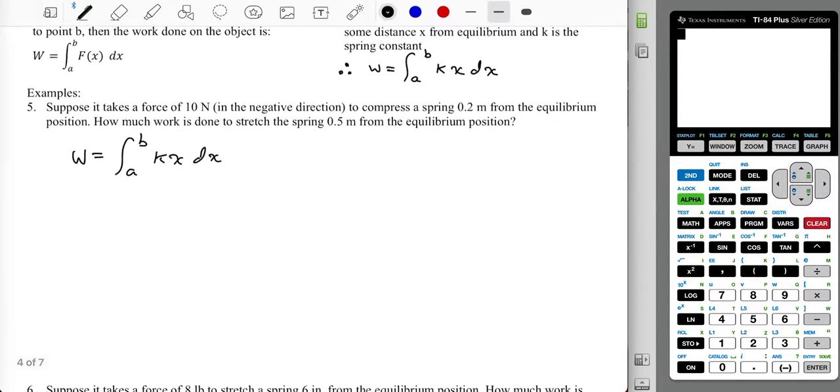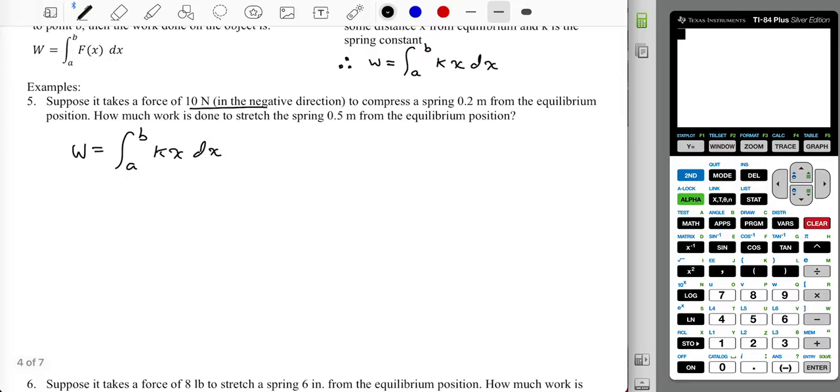We have 10 newtons in the negative direction. That's a measure of force, and what we need to do is determine what that translates to in terms of a spring constant.